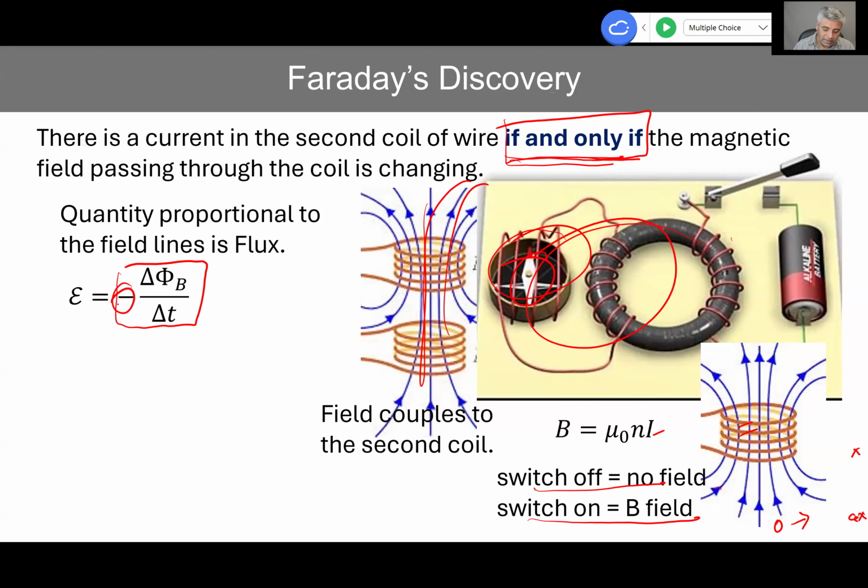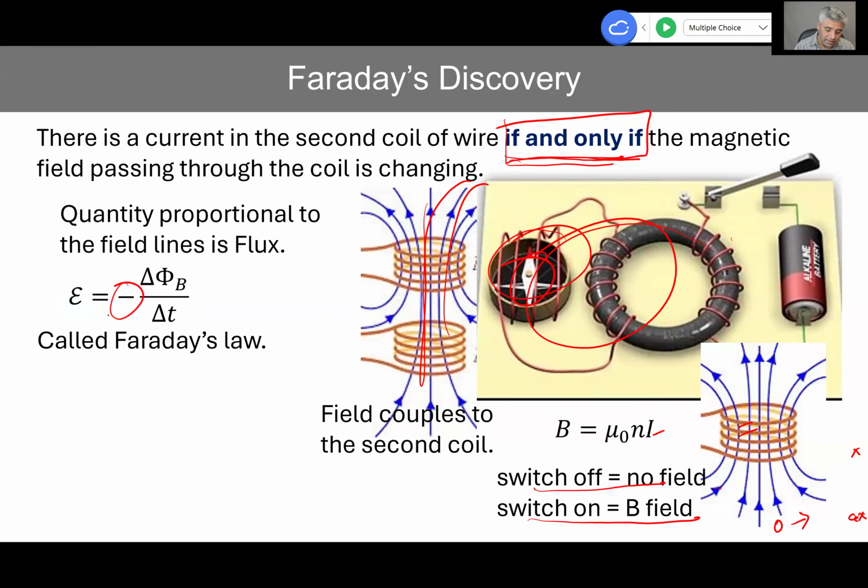This negative sign simply means direction. So the actual equation is a rate of change of flux. So it's not flux, it's the rate of change of flux. So if flux is not changing, no EMF there. So we have to be very careful about it.